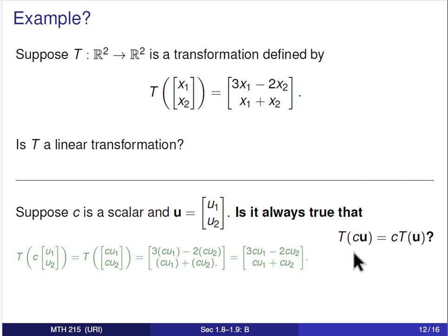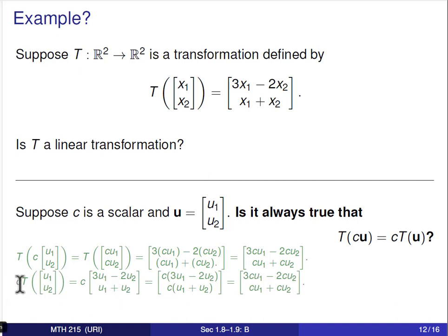Now for the right-hand side, c times T of u, things are a little bit different, but you can recognize them. We'll have c times T of (u1, u2). We'll use the rule to see what T of (u1, u2) should be, and then if we do that scalar multiplication afterwards, we'll end up with c times the first entry, c times the second entry, and distributing that c through, we'll get this expression here.